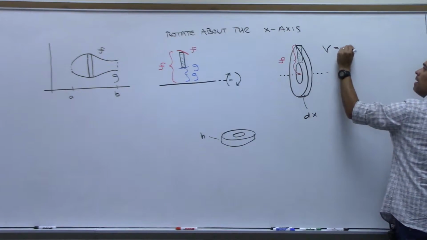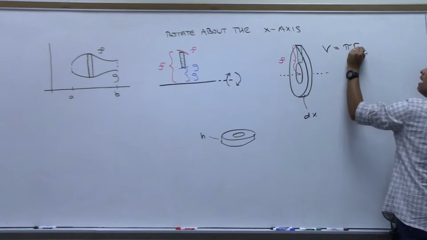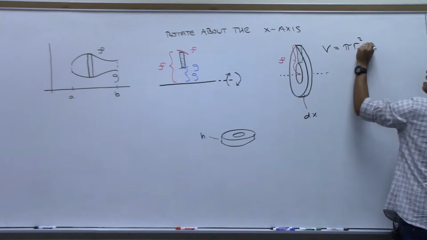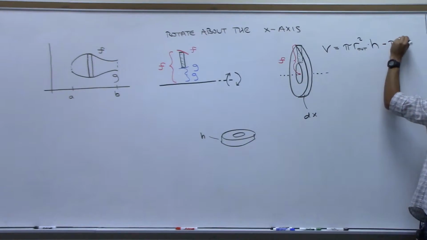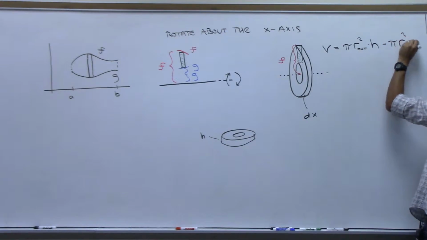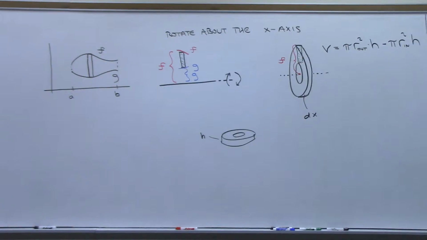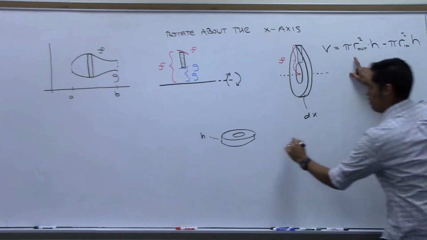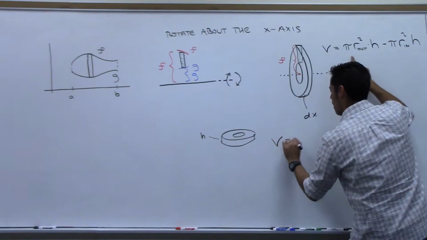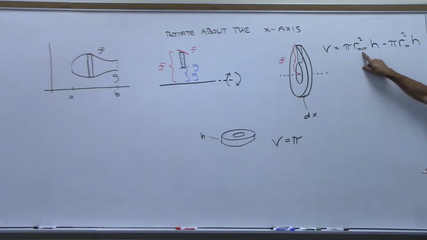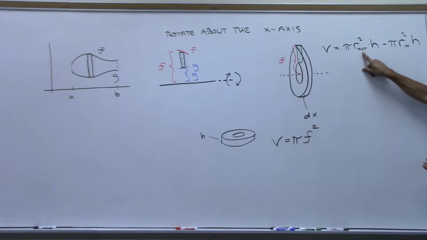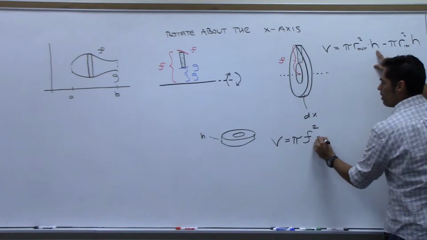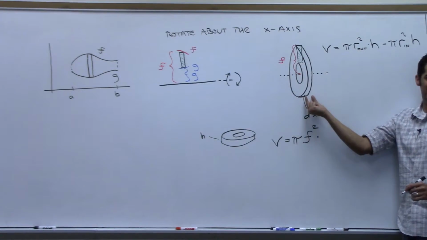Pi R out squared times H minus pi R in squared H. What is the outer radius? f. So this is the function f squared times h. What's the h? dx.